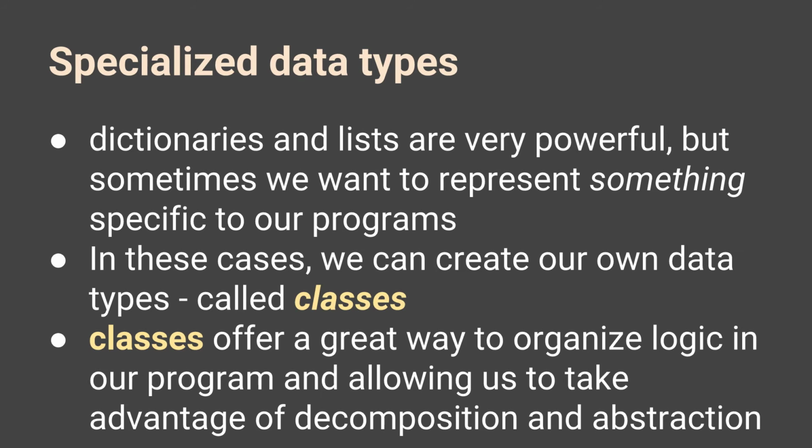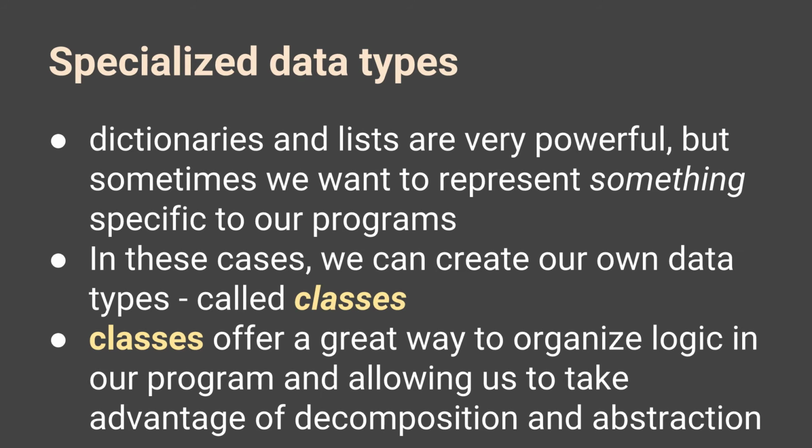So a class is a new data type that you as a user, you as a programmer, create, define, and then can use throughout your program. And in these new data types, you can define the structure, right? So it's not just a single value contained in that data structure. It can be any number of things.